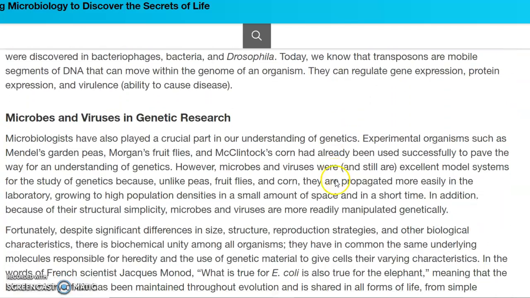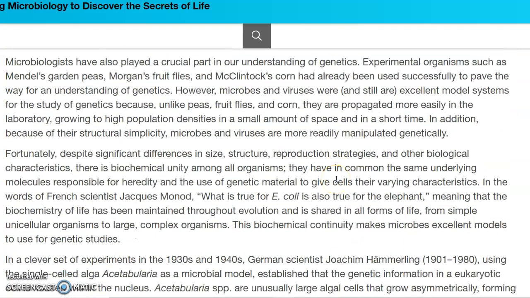So in looking at this work that was done by all of these individuals, we now have an idea of how all living organisms work in terms of their chromosomal inheritance.